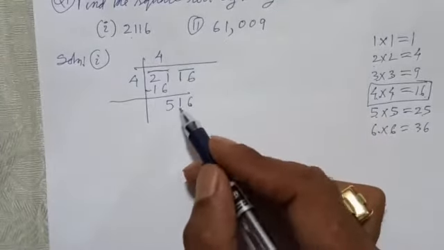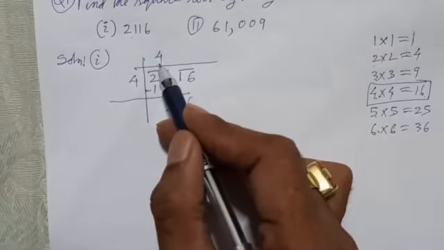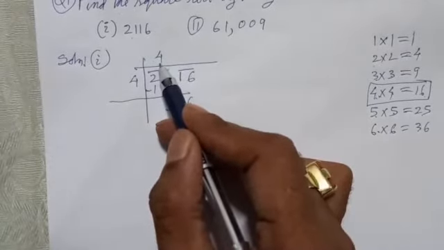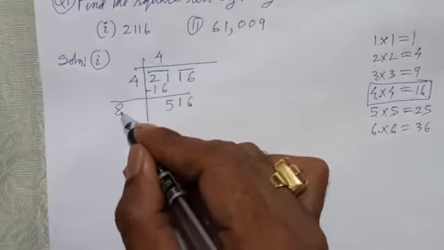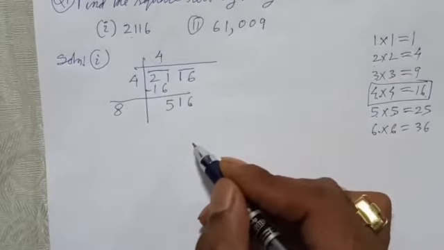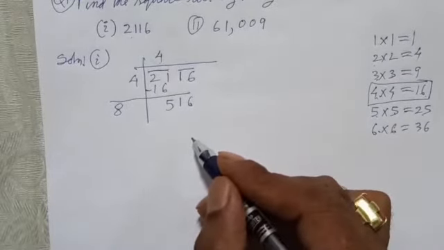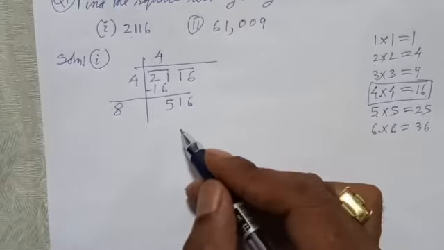Then, according to the rule, this number 4 is multiplied by 2. If we multiply it by 2, we get 8. Then we have to find how many times we can take.